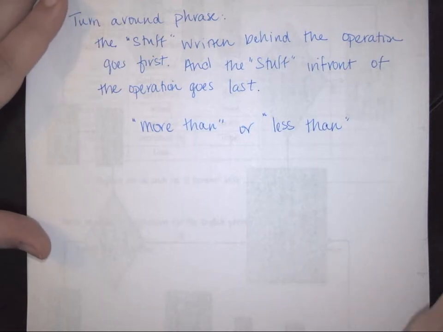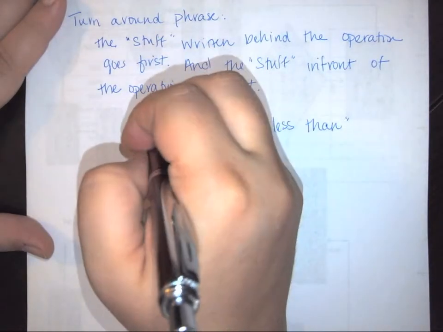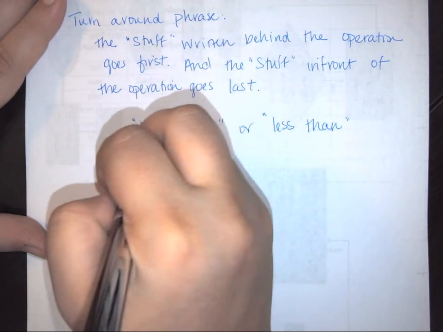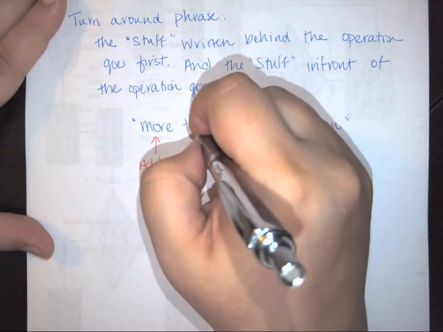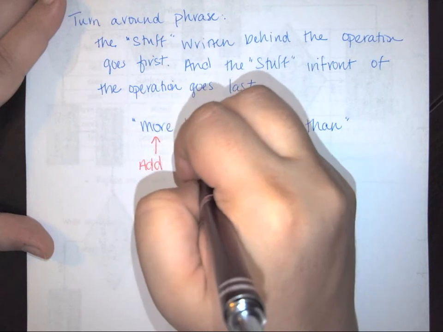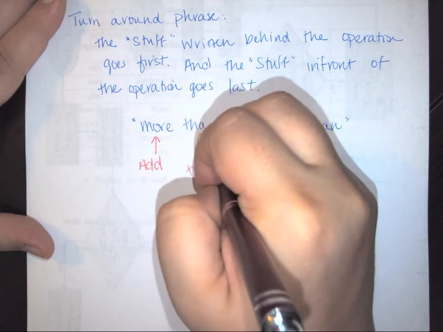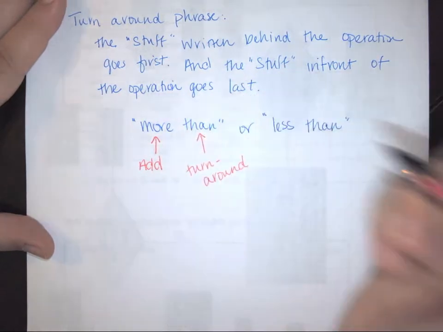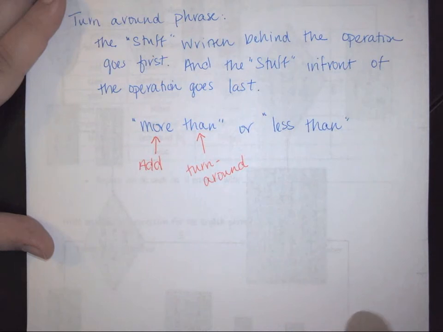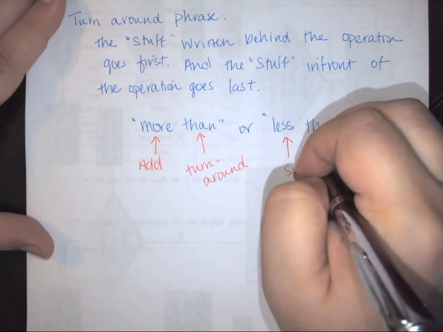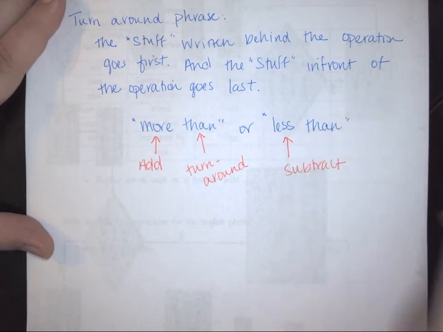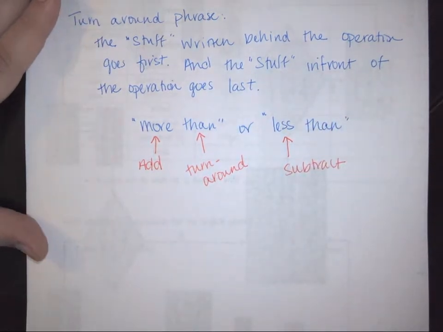So when we're talking about more, it is signifying that you are going to add. Than signifies what we call turnaround. Less is going to signify that you obviously subtract. And again, than means your turnaround phrase.